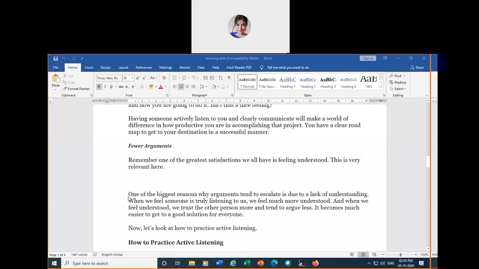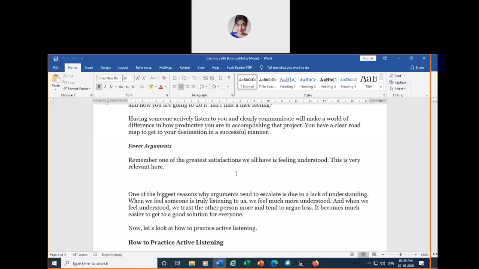Next, one of the most important parts of active listening is fewer arguments. You will not be misunderstood, and you will also not misunderstand somebody. That is why active listening helps to decrease arguments or conflicts.